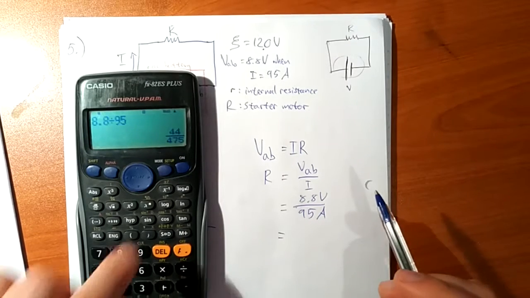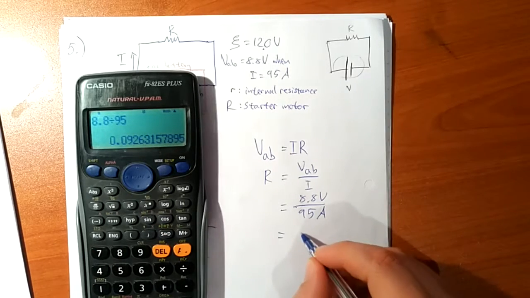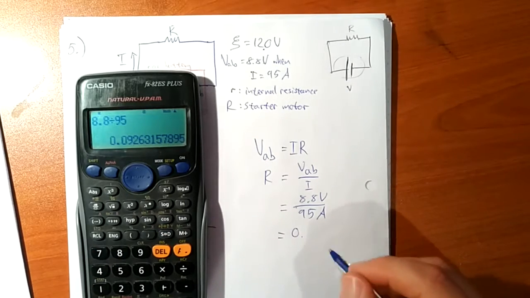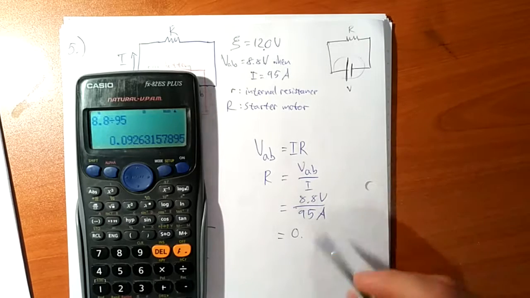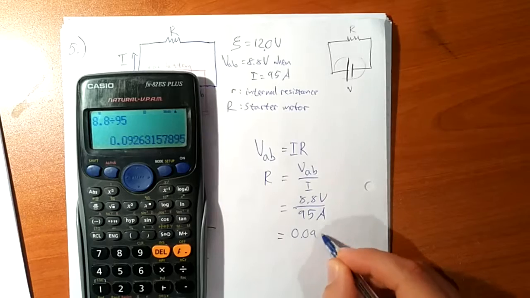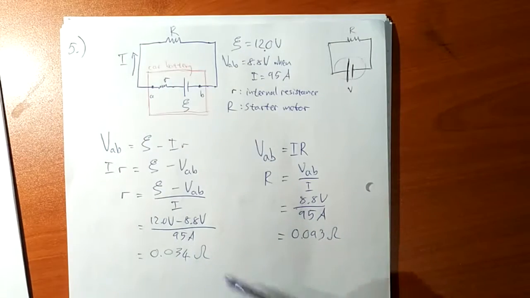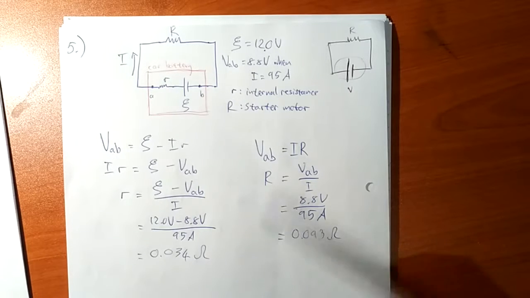So yeah, that's more or less what we expect. A good habit to develop is to more or less expect what the answer is going to be. And I'm also going to provide 2 significant figures, so 0.093 ohms. Right, and that's it. It's more than the internal resistance, which seems right. Okay, that's question 5.